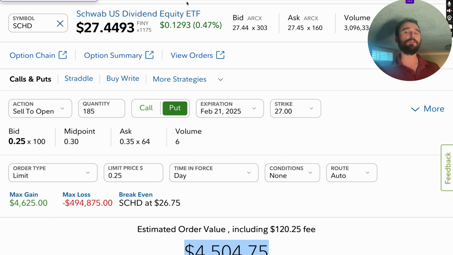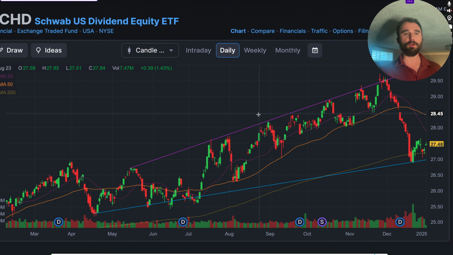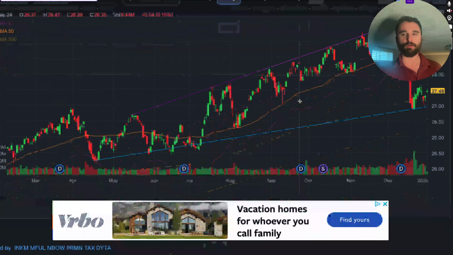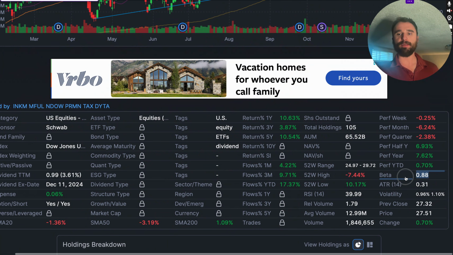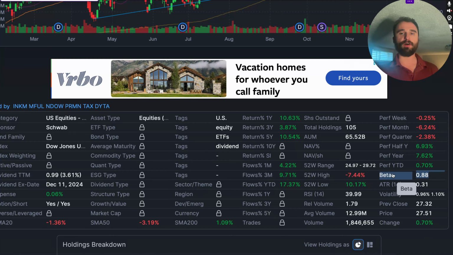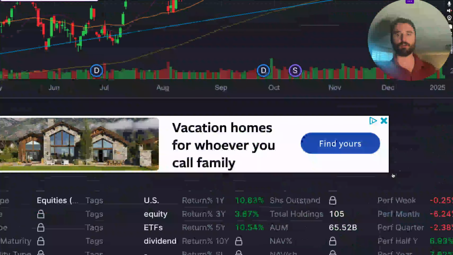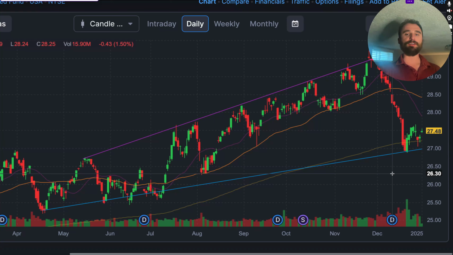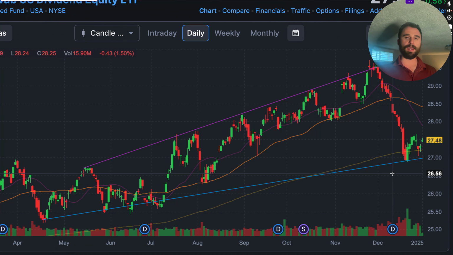And one other thing to keep in mind when you're doing this is that this ETF is not so volatile. In fact, its beta is less than the S&P 500. So that means we're less volatile than the S&P 500. Now, I'm getting really deep into this, but basically what we're looking at is an ETF that, if you think about a range of $25 to $29, what's your risk profile if you end up getting long on the put side, you buy your shares and then it goes down afterwards, right?